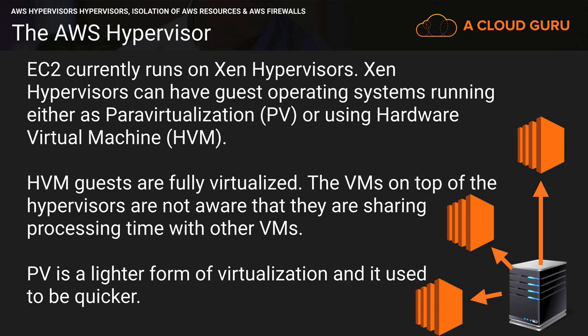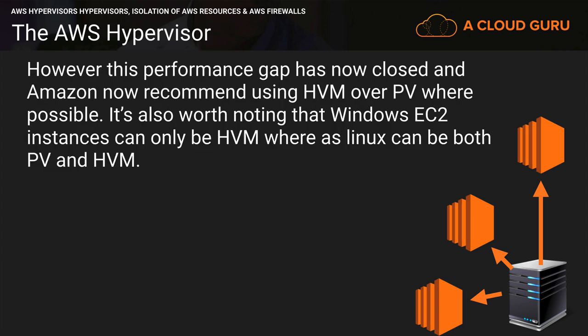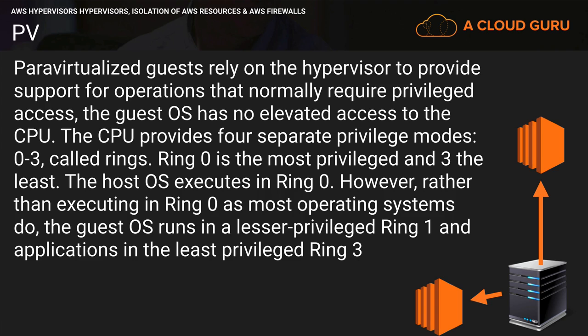The VMs on top of the hypervisors are not even aware that they're sharing processing time with other virtual machines, whereas PV is a lighter form of virtualization, and it used to be a lot quicker. However, this performance gap has basically closed now, and Amazon now recommend using HVM over PV where possible. It's also worth noting that Windows EC2 instances can only be HVM, whereas Linux instances can be both PV as well as HVM.